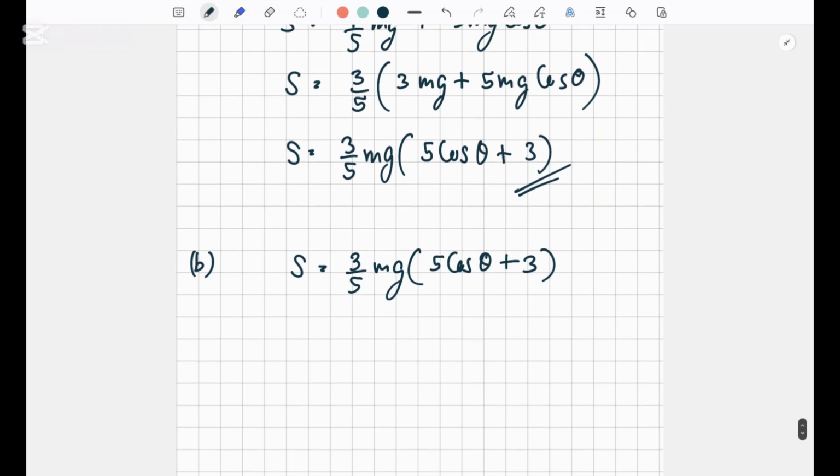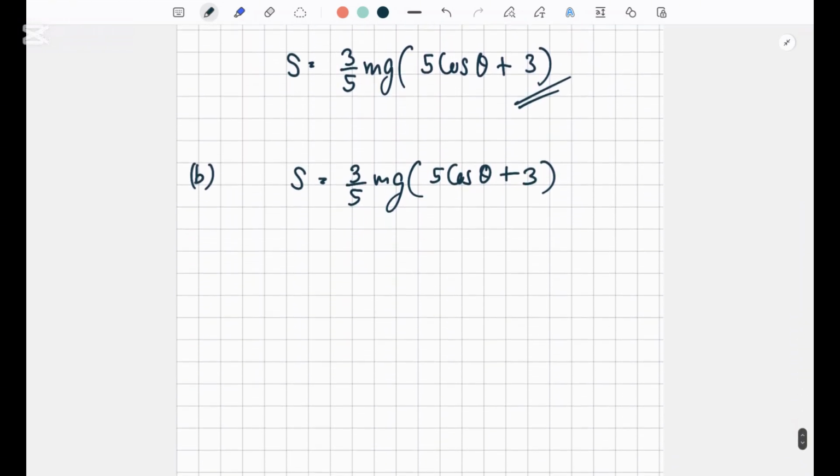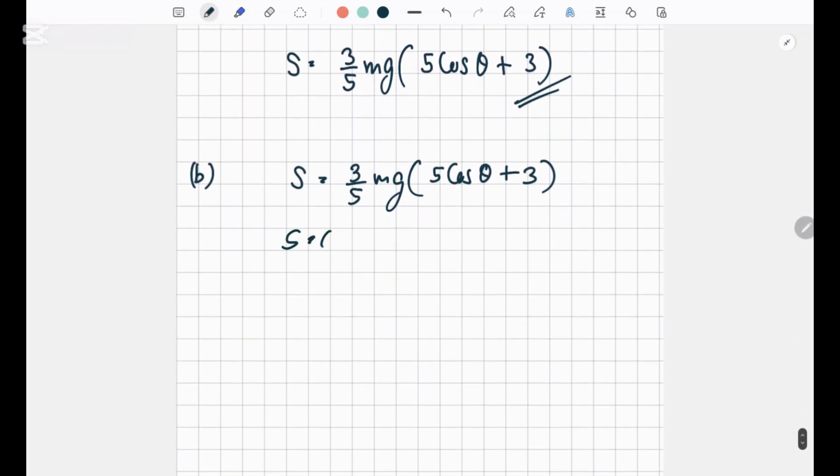You can write S equals 0 because it becomes slack. So then you end up with 5 cos theta plus 3 equals 0, so cos theta equals minus 3 over 5. You can leave your answer like that.